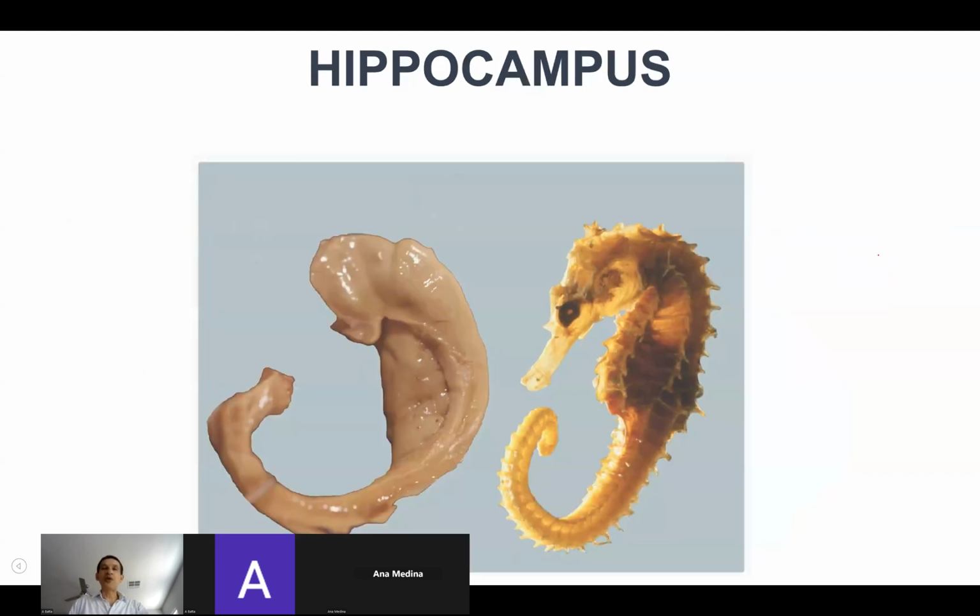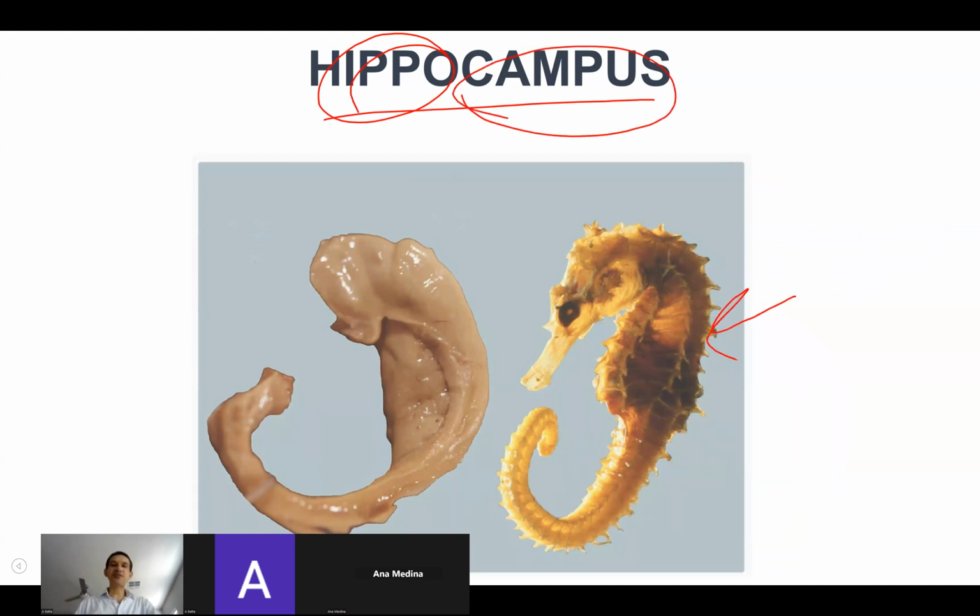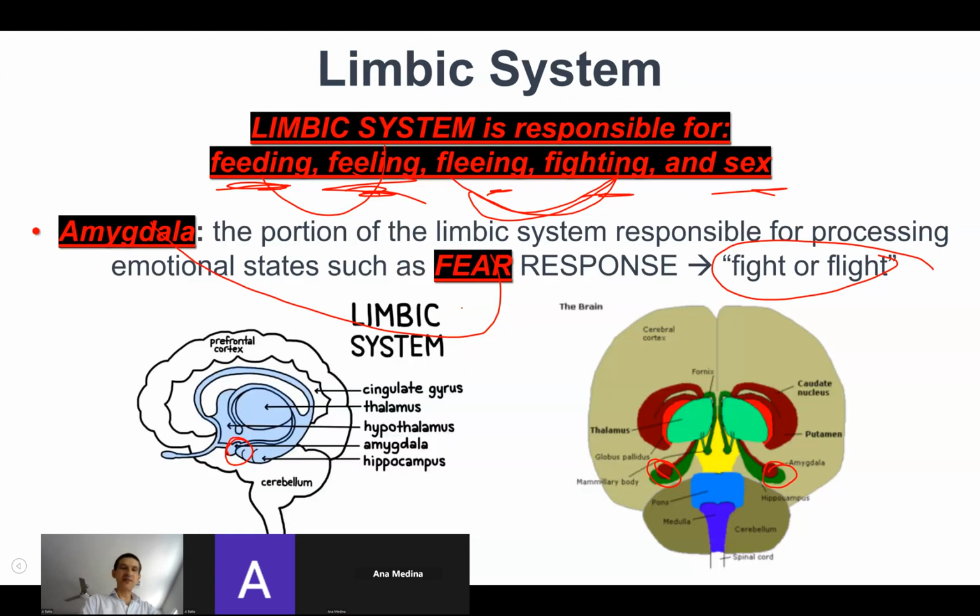but a very important portion of the limbic system is called the hippocampus. Hippo means a horse, campus means a sea monster. So this is the little sea monster, and this is the hippocampus. It is obviously right here, just behind the amygdala, the green.